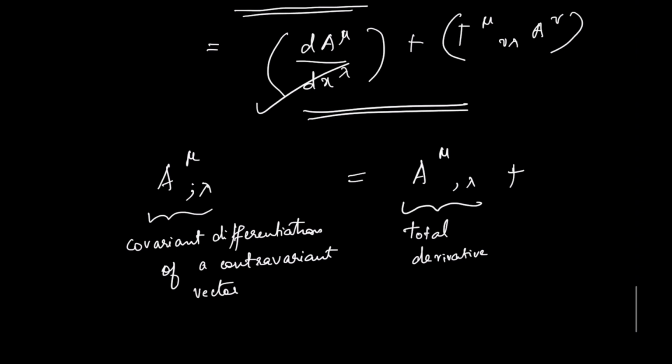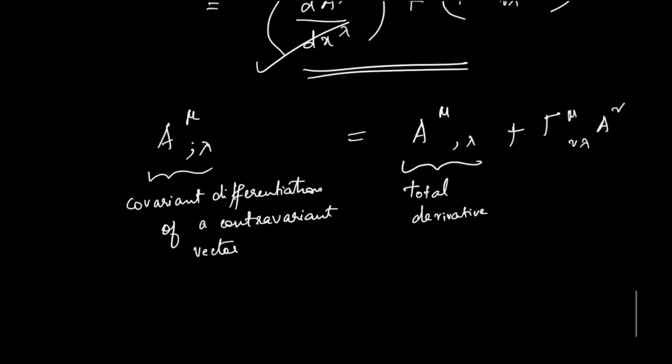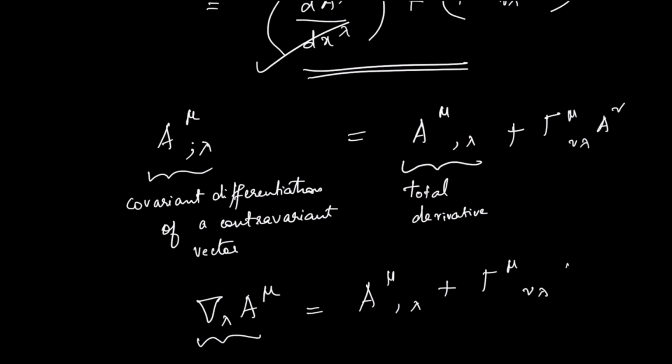Plus Christoffel symbol mu nu lambda A nu. This is the covariant differentiation of a contravariant vector, and it is given by A mu comma lambda, the total derivative, plus Christoffel symbol mu nu lambda A nu.